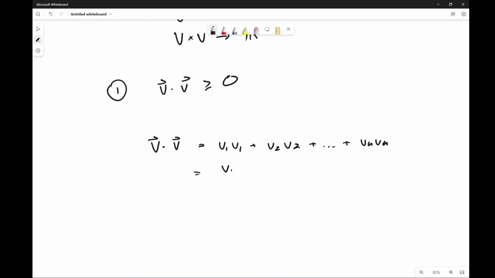And it's pretty simple to see. It's just V1 squared plus V2 squared plus dot dot dot Vn squared.